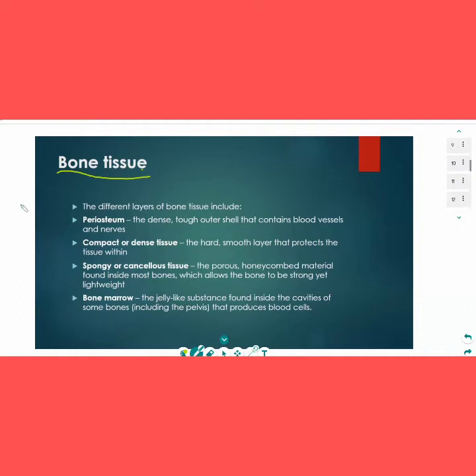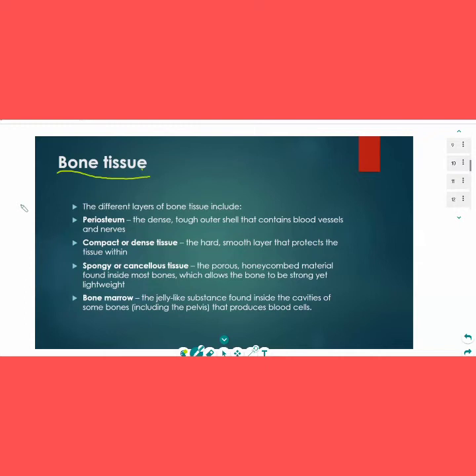So in the skin, we have different layers, isn't it so? In the skin itself, the upper layer is the external layer, and next to the topmost layer we have another layer. Like our skin, there are different layers present in bones also.